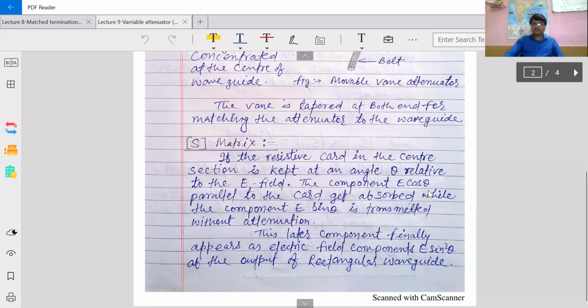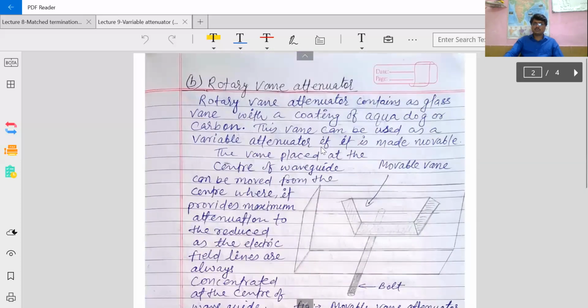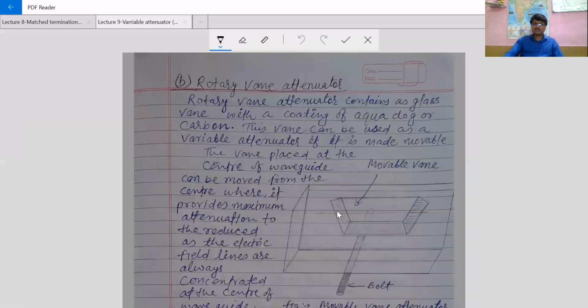The component E cos theta parallel to the card will get absorbed, and the component perpendicular to the card will be transmitted. Okay, so attenuation will be at the first port here also and here also.